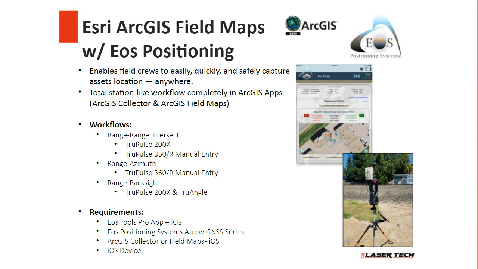And inside that, it will call up the EOS Tools Pro app, and it goes through these different workflows. This is all on iOS, so if you were using a TruePulse 360 for some of these workflows, it's a manual entry into the Tools Pro app. And then once you capture the distances and everything, it goes right back into the app, or back into Collector or Field Maps.